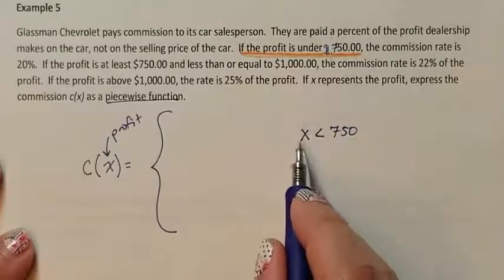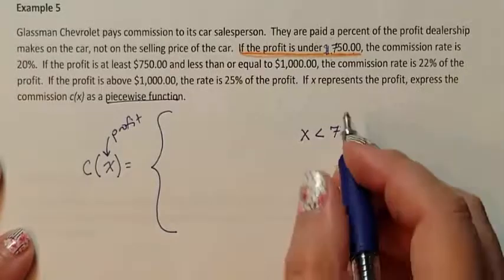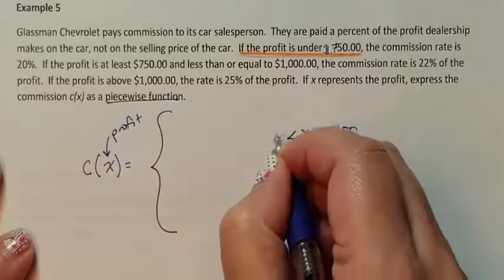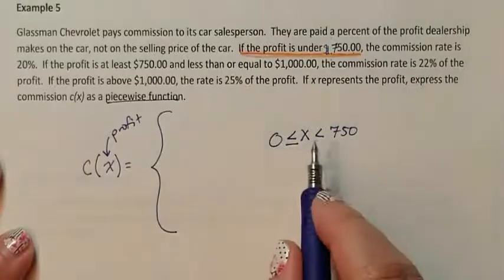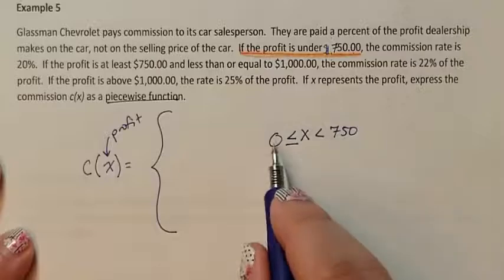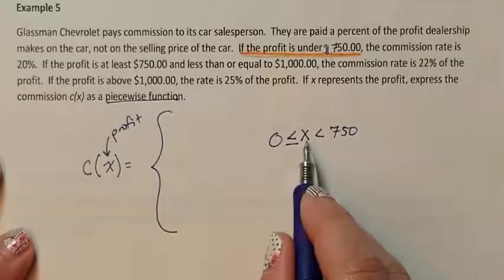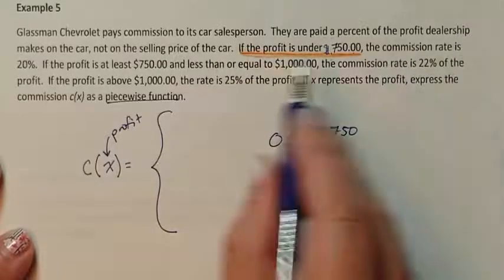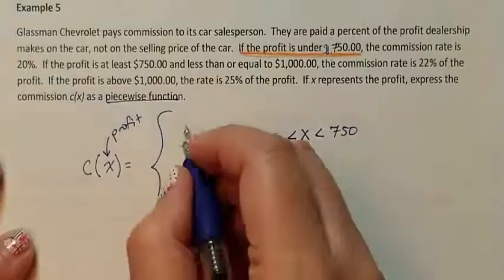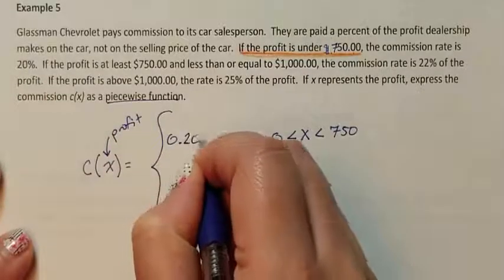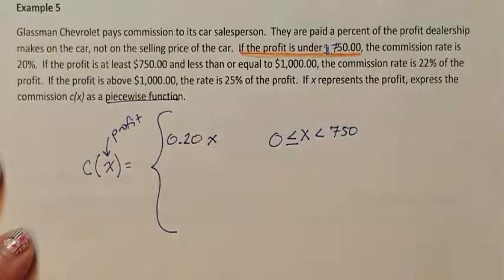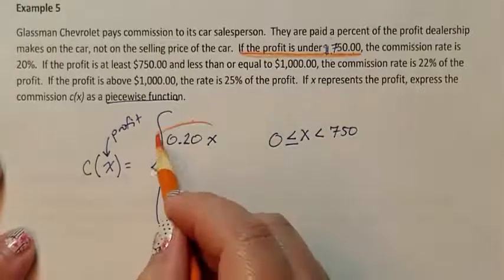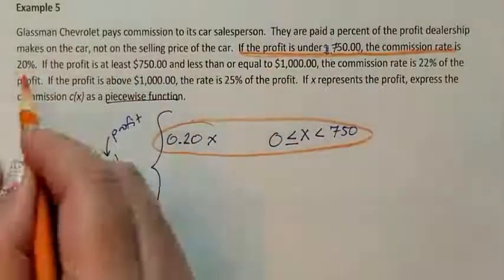Less than this means I could have gone into negatives. Your profit cannot be negative, so we need to make sure that it ends at 0. So if my profit is between nothing and $750, it said that my commission rate was 20%. So that means that I earned 20% on whatever the profit was. This is statement number 1.